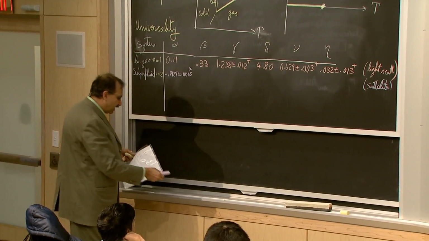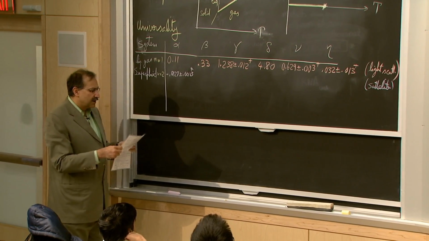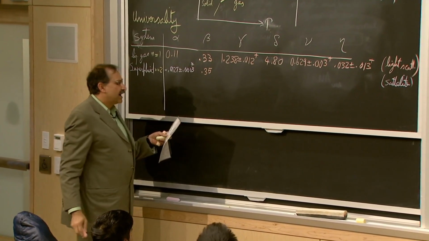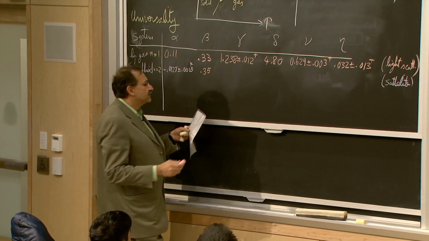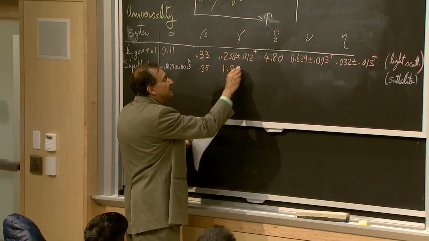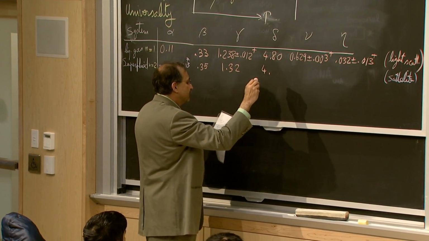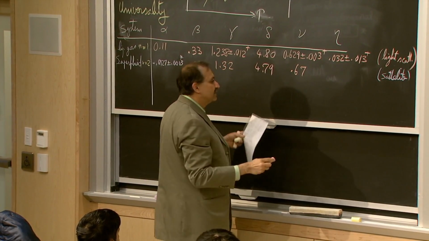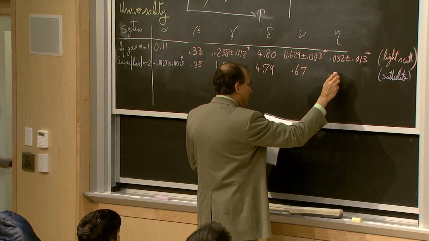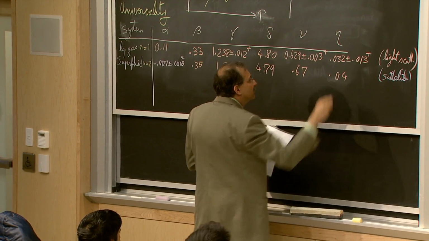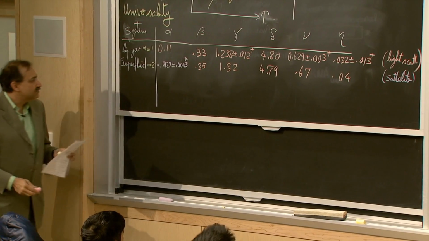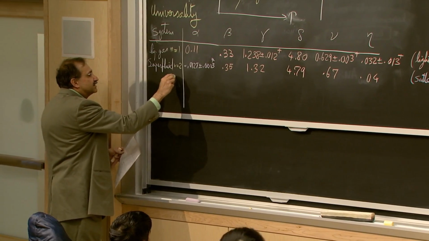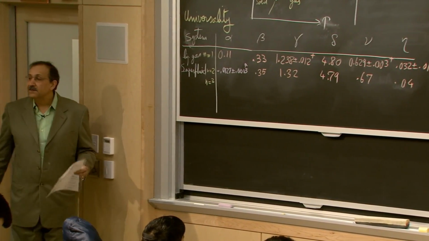Other exponents that you have for this system, let me write down. Beta is around 0.35. Gamma is 1.32. Delta is 4.79. Mu is 0.67. Eta is 0.04. And then going along this whole system, we can do n equals 3.